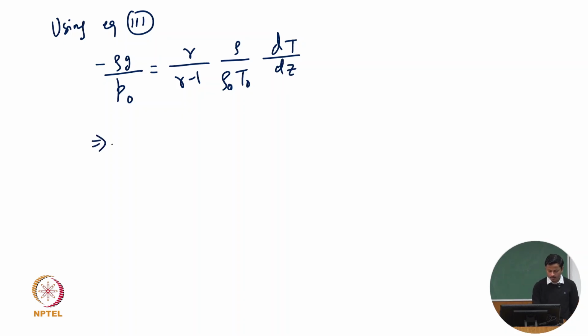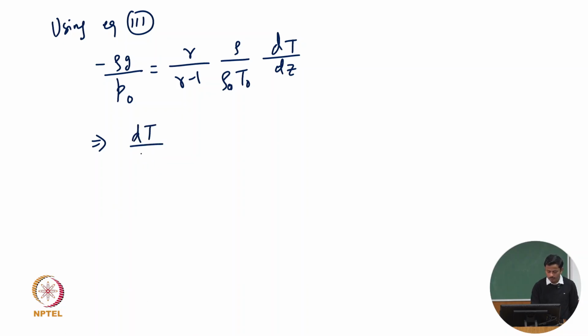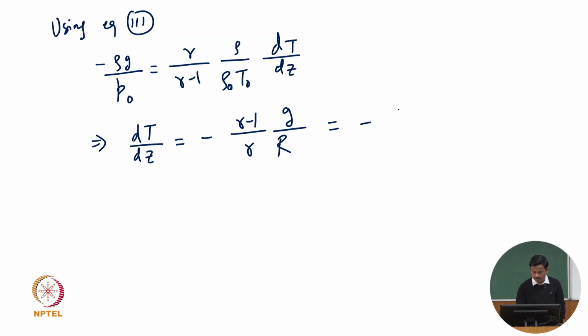So this gives us dT by dZ, just rearranging the terms, equal to minus gamma minus 1 by gamma times g by R, and this is equal to minus g by Cp. The Cp is the specific heat at constant pressure, and this is equal to gamma R by gamma minus 1.